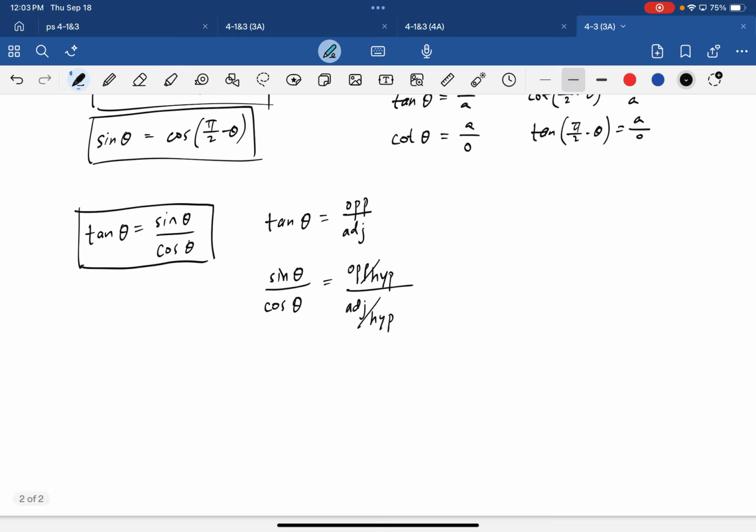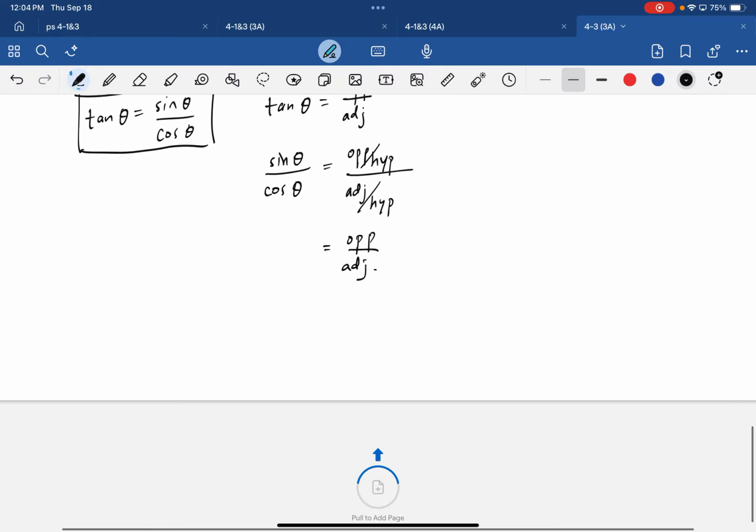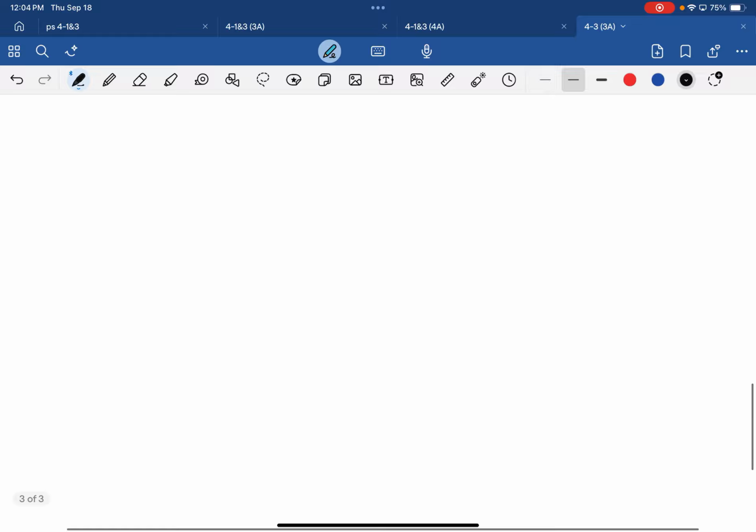And if we multiply both top and bottom by hypotenuse, then that gives us simply opposite over adjacent. So super easy to show. Tangent theta is just sine theta over cosine theta. And this is going to be a very important fact when we prove different identities. Questions? Are we all good with the slide? Next.